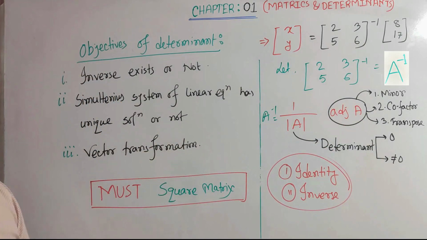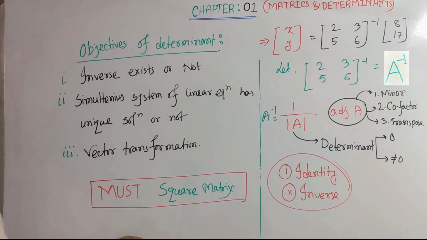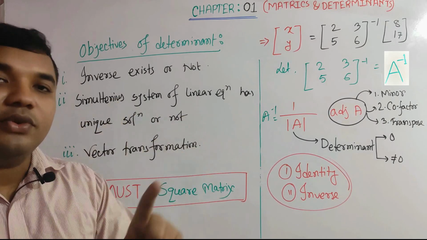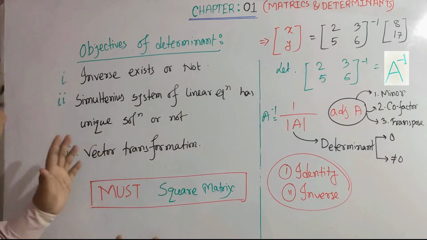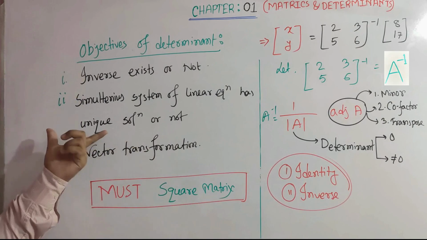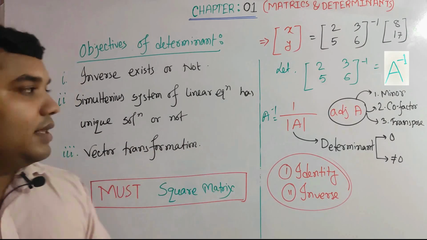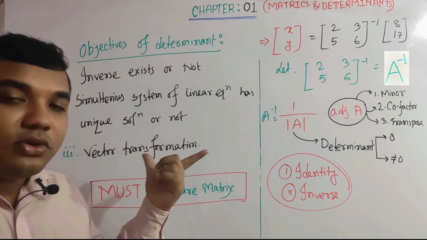So the second fact is whether a simultaneous system of linear equations has a unique solution or not. If you want to find the solution of a system of linear equations, and whether that is unique or not, then you have to go for the determinant. And the third part is vector transformation.